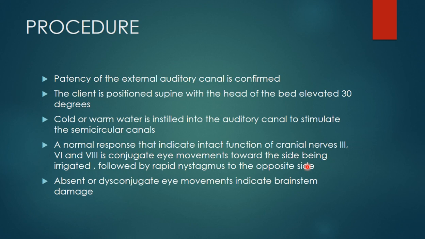A rule of thumb is that warm air or water will produce nystagmus that beats towards the test ear, and cool air or water will produce nystagmus that beats away from the test ear. Absent or dysconjugate eye movement indicates brainstem damage.